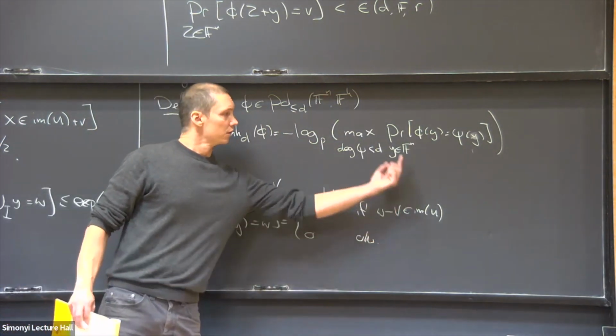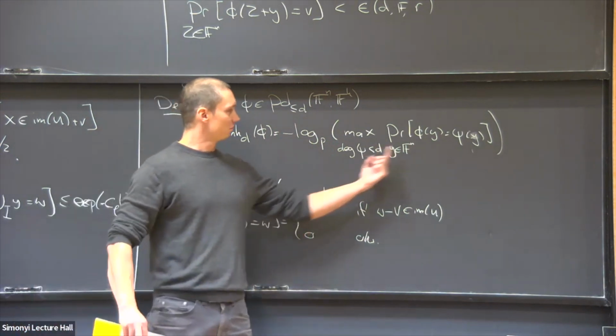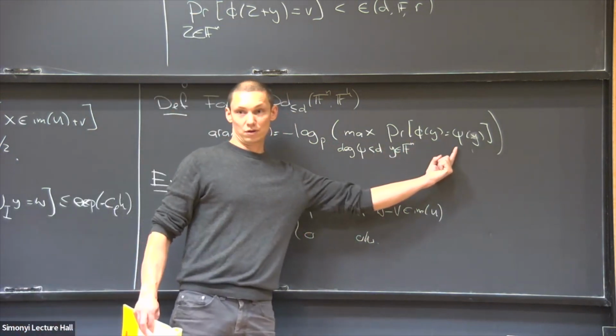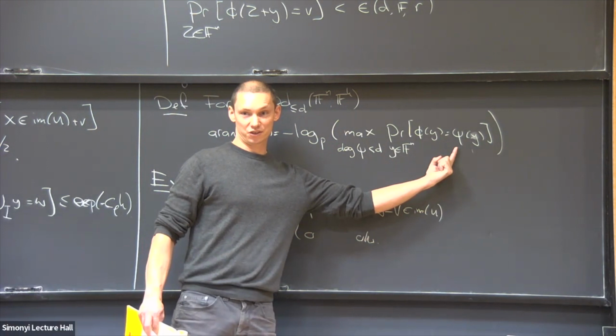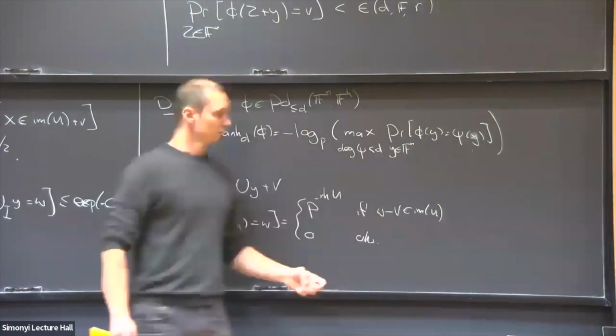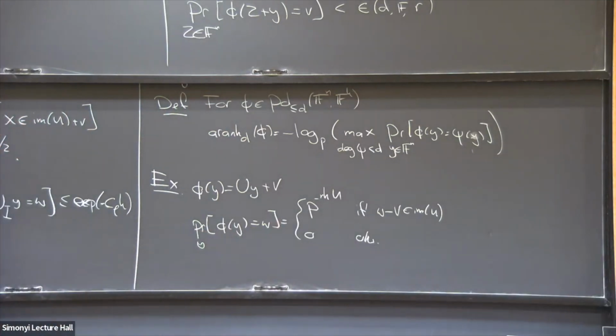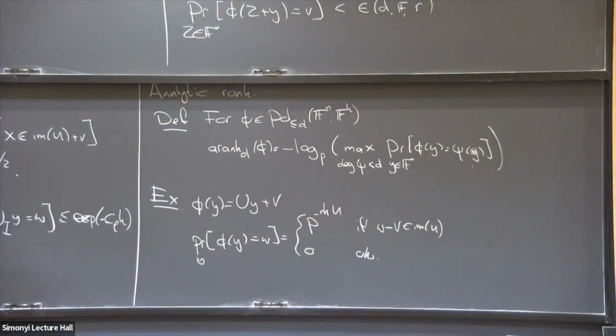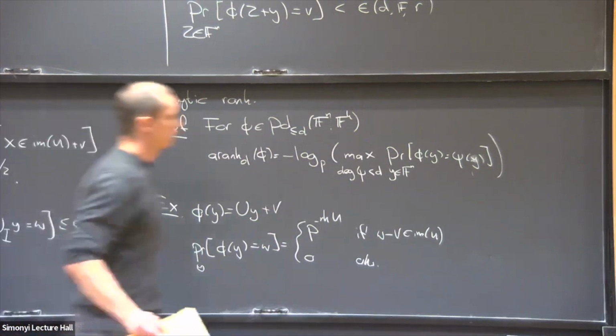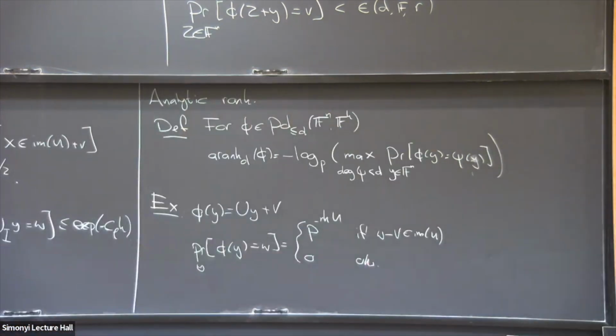Okay. So this motivates considering possible other polynomials than 0 here. If you do that, you get the matrix rank back in the linear case. So why did we call this analytic rank? Currently, it's mostly for aesthetic reasons.